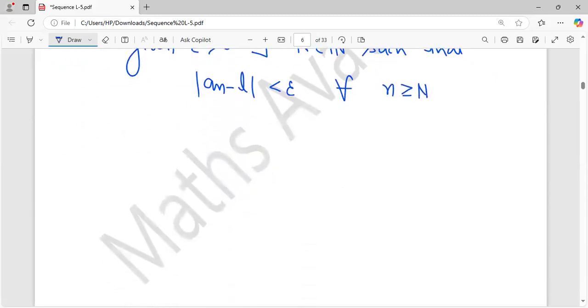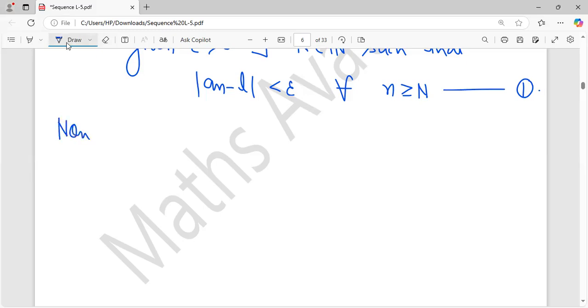But what is the meaning of this? So using this, let's say epsilon is 1.